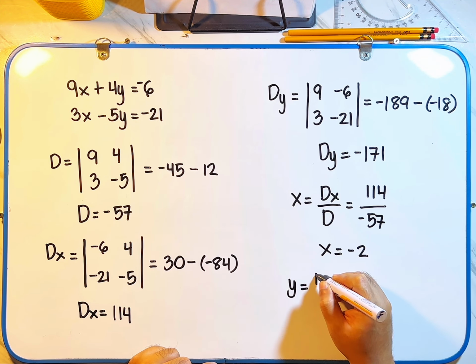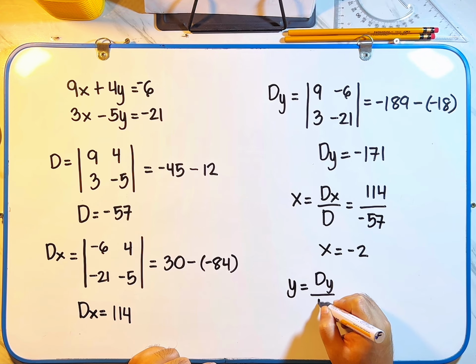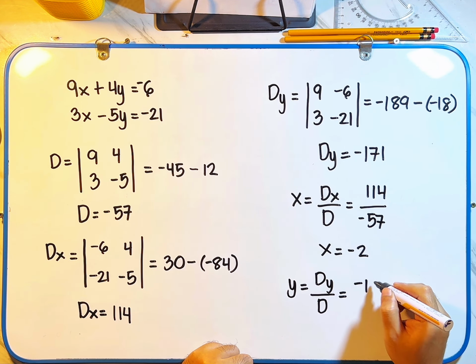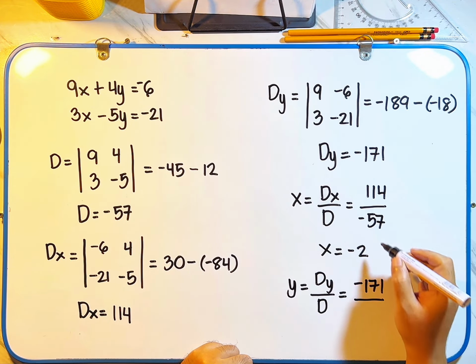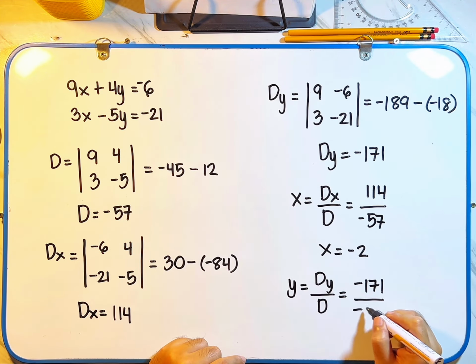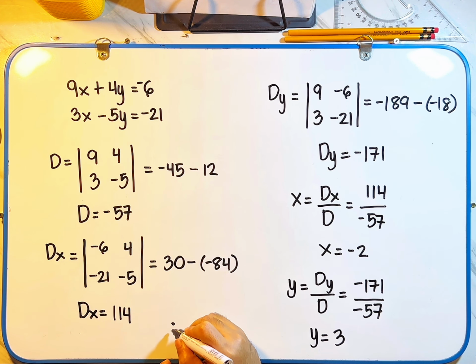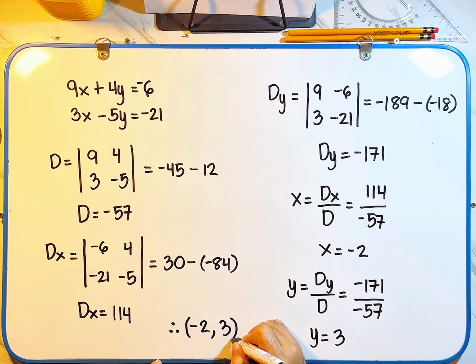For y, we have Dy over D. Dy is negative 171 over D, negative 57, and just divide, y is equal to positive 3. Therefore, the solution of this system of equations is negative 2, 3.